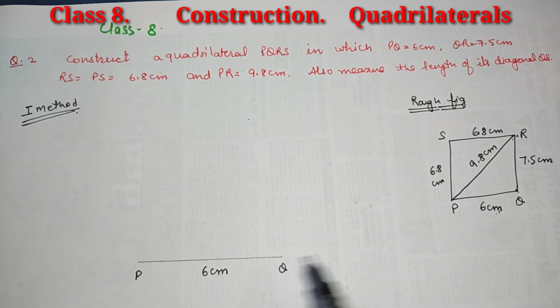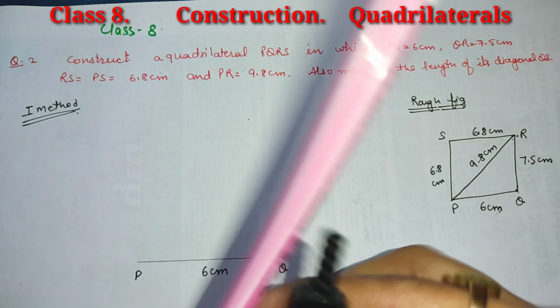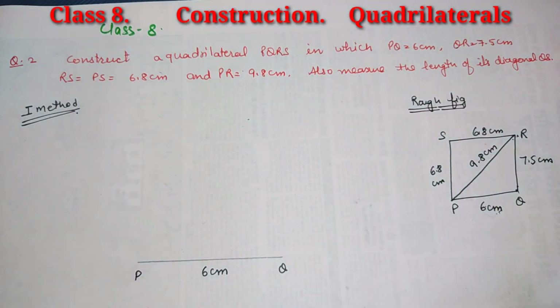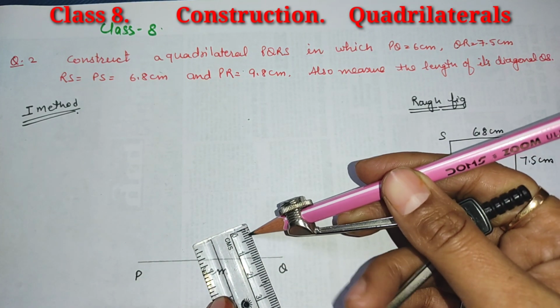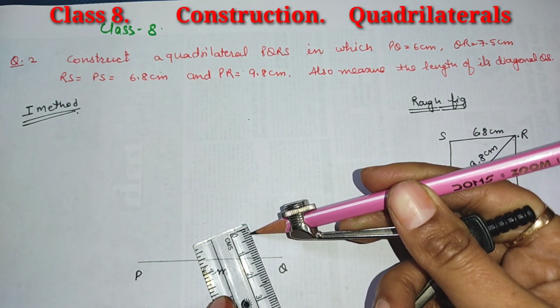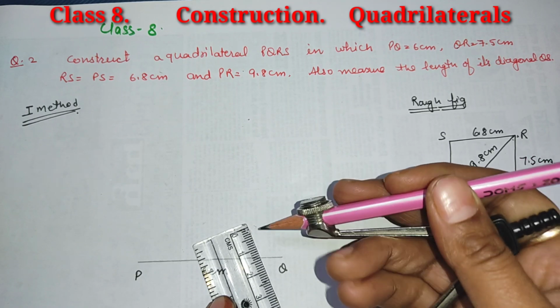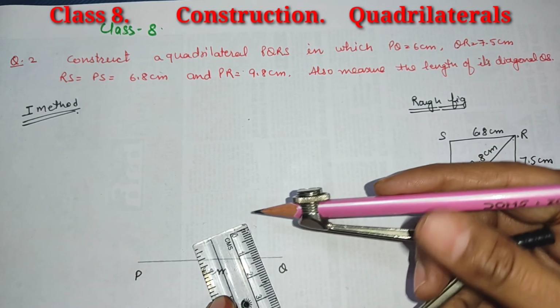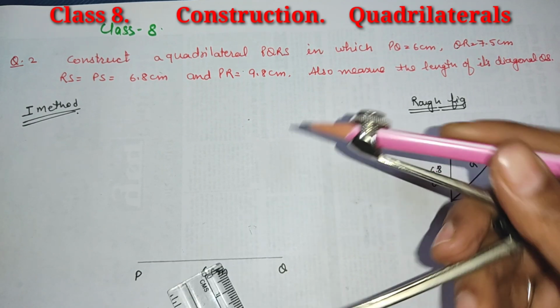Now we have the Q point. So with Q as a center, we cut an arc of 7.5 cm. So measure your 7.5. It's your 7.5.